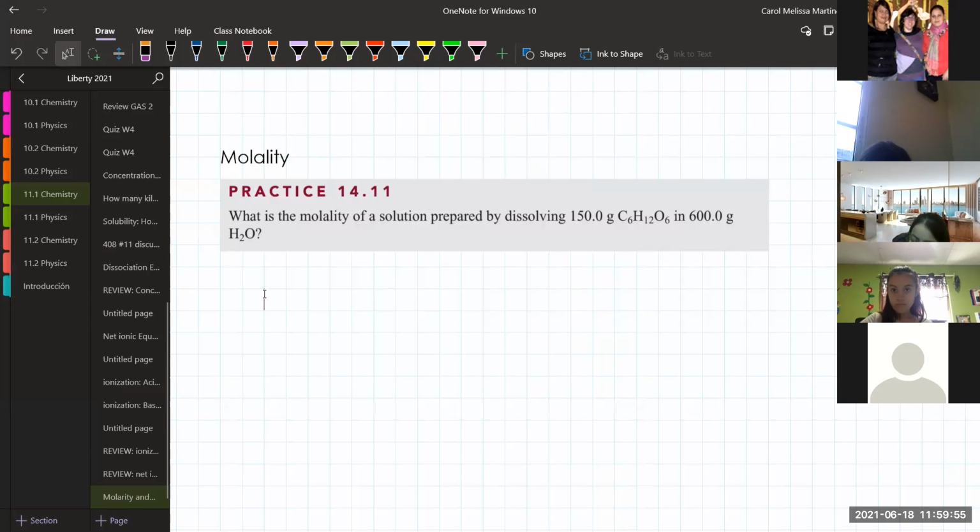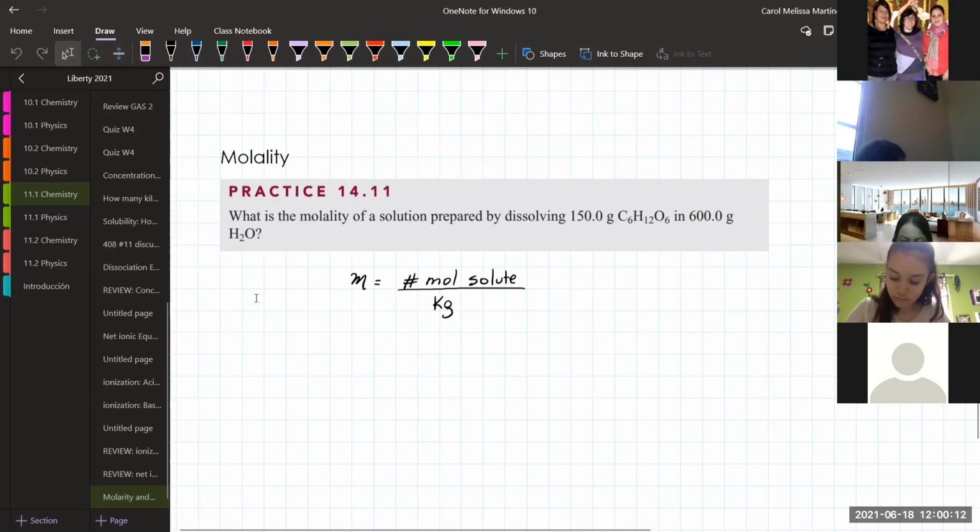Molality, lowercase m, is equal to the number of moles of solute divided by kilograms of solvent. That's the equation to find the molality.